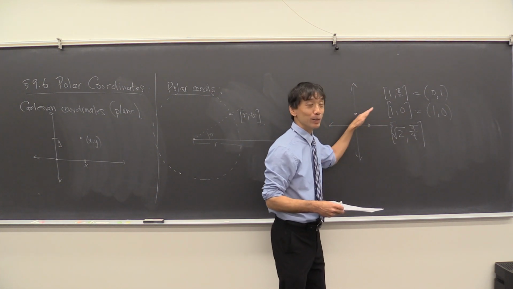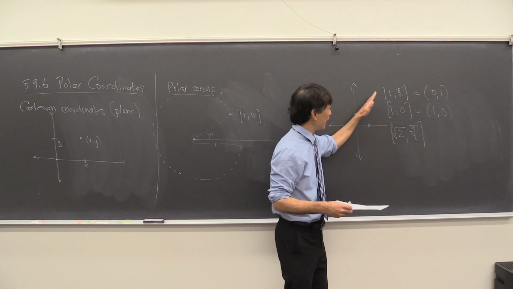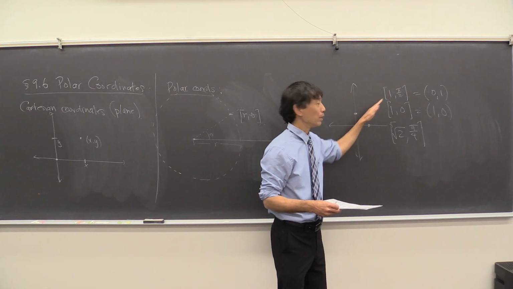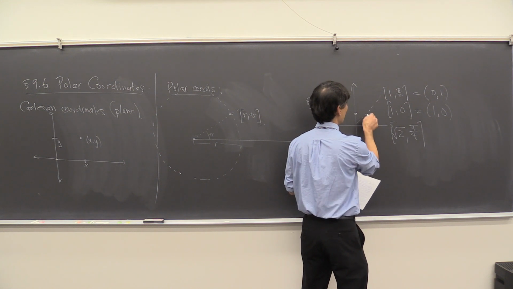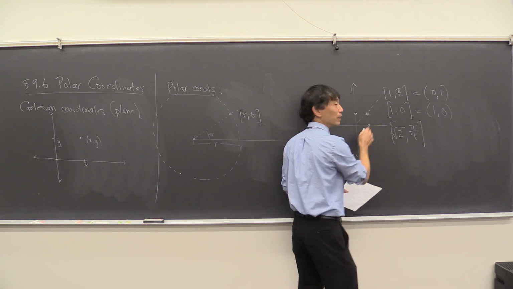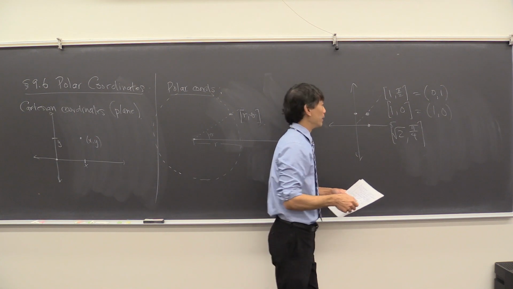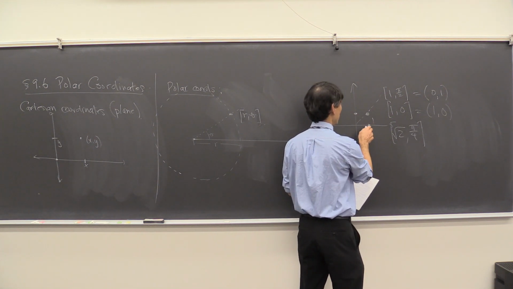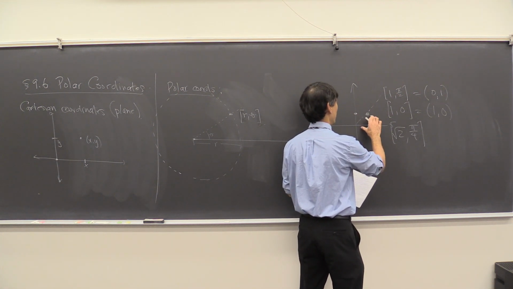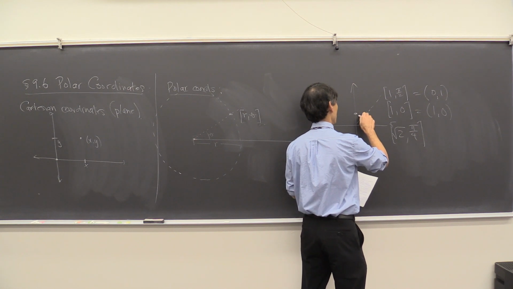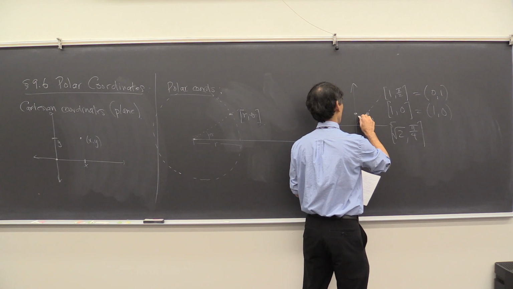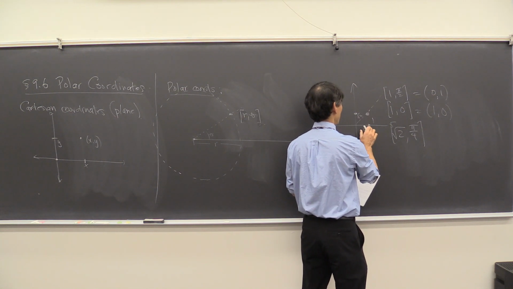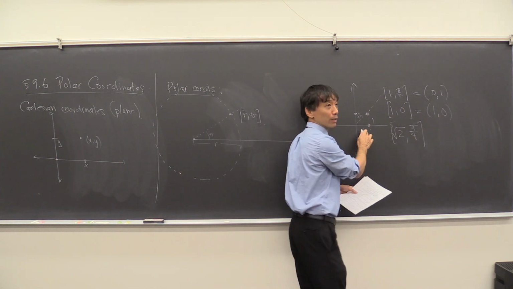Nobody wants to say. It's okay. It tells me that I'm distance root 2 from the origin, and I'm at an angle pi over 4. So I'm at this angle, and I'm distance root 2. If you think about it, that's actually this point here. Because this is 1, and for the Pythagorean theorem to work, this squared equals this squared plus this squared.